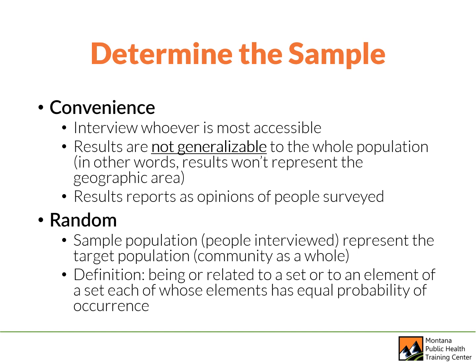And so what that means is that a sample population, or the people interviewed, are selected to represent the target population, or our whole community or our whole jurisdiction. So really what this means is a random sample is defined as being or related to a set or an element of a set whose elements have equal probability of occurrence. So it just means that we're taking a sample, a small group of people that we're selecting that will be representative of the larger population as a whole.